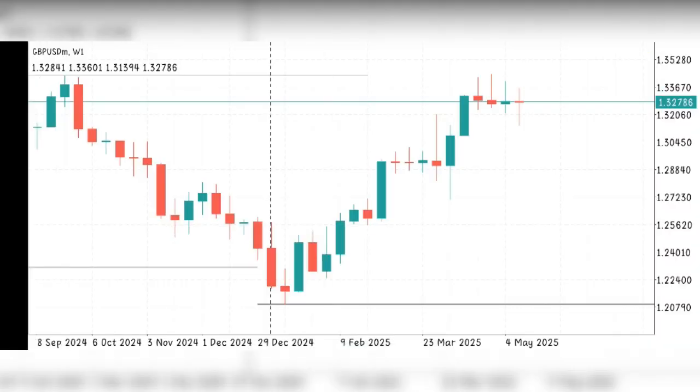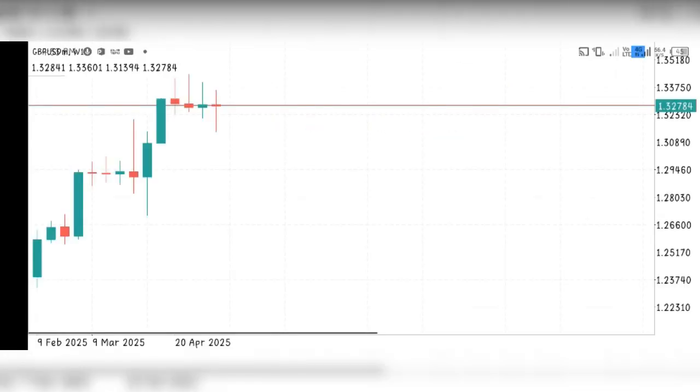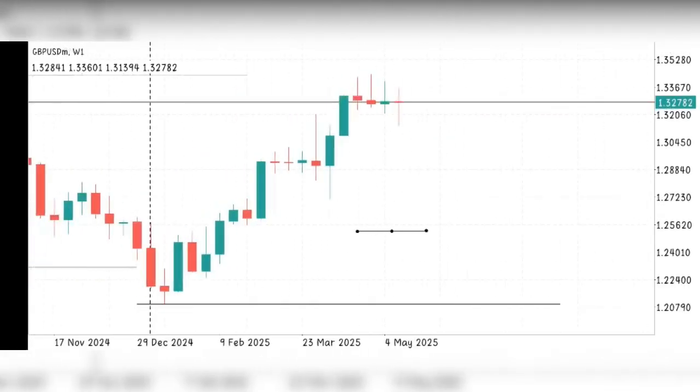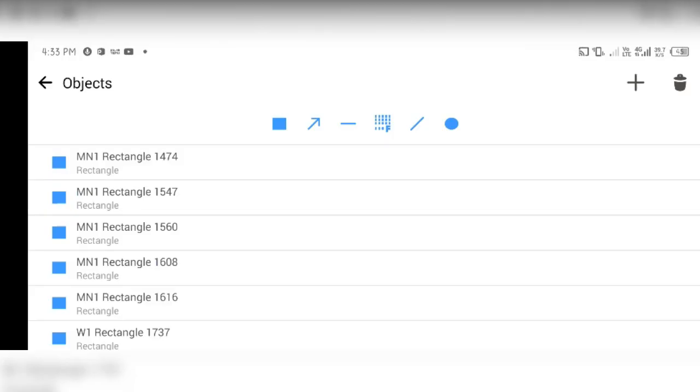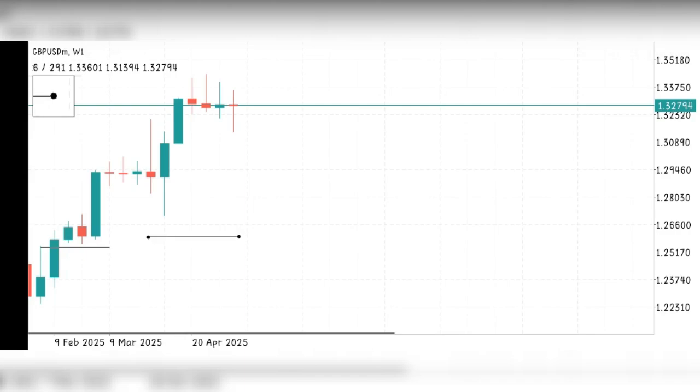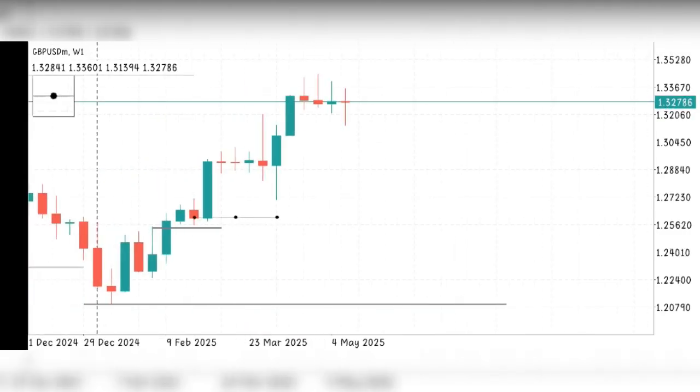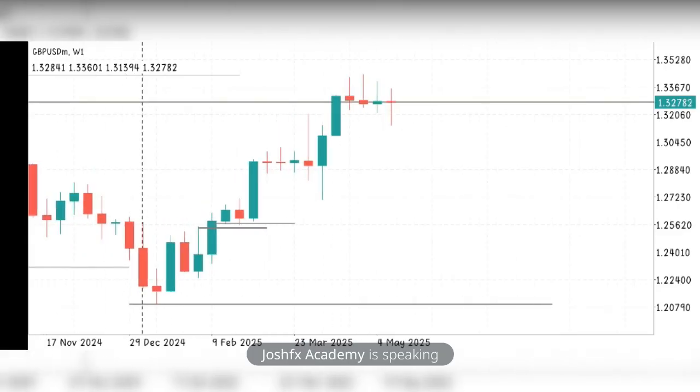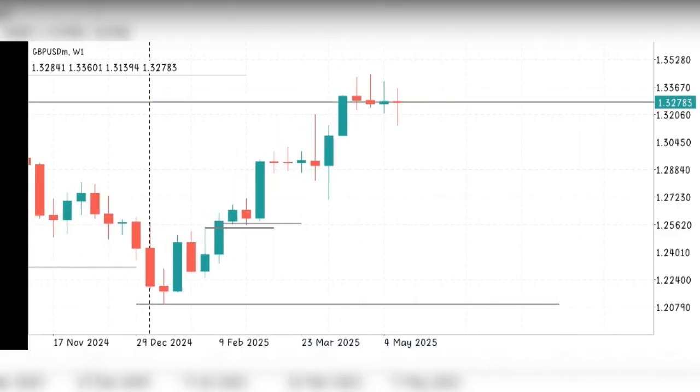You can see the gap here. It's not extremely obvious, but there was a fair value gap here. So the market tapped into the fair value gap, and since then it's been going up.